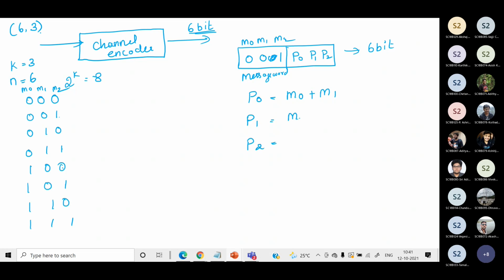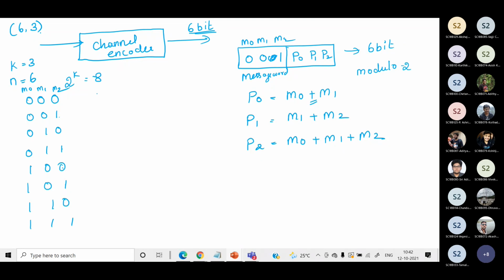P1 can be M1 plus M2, and P2 is M0 plus M1 plus M2. In this way I can generate the P0, P1, P2 bits. Here the addition uses a modulo 2 adder, because the bits P0, P1, P2 should take the value either 0 or 1.